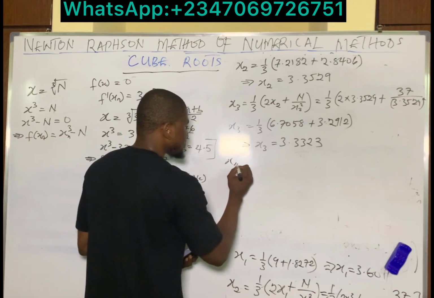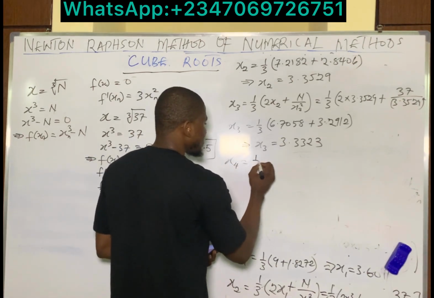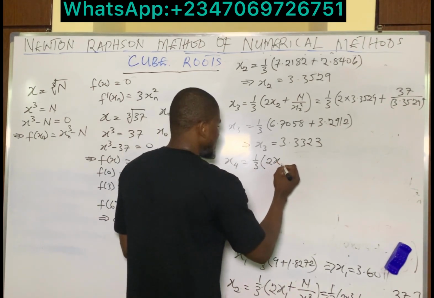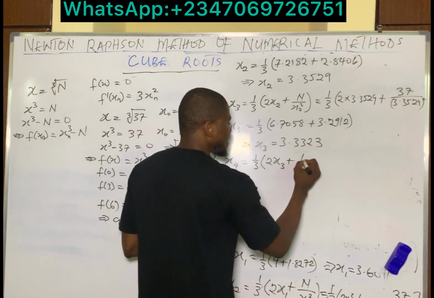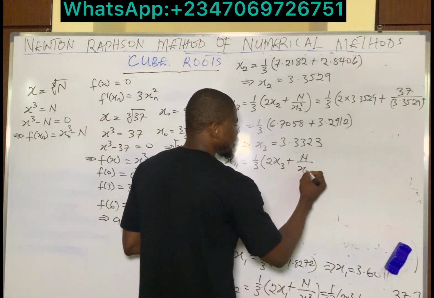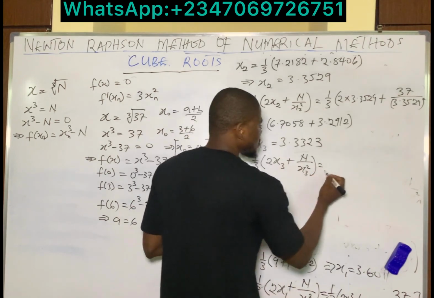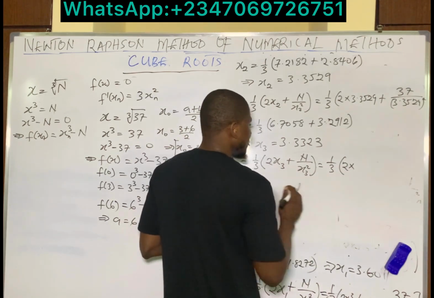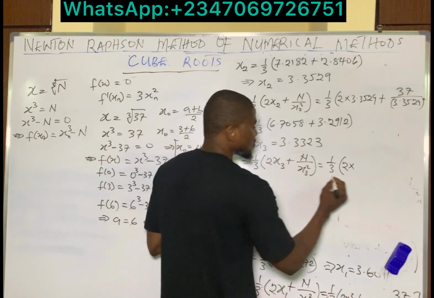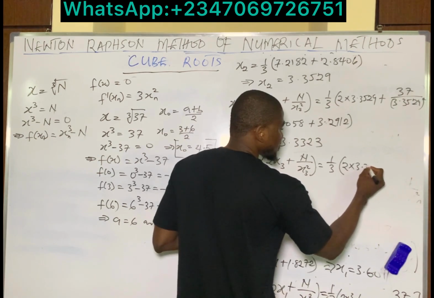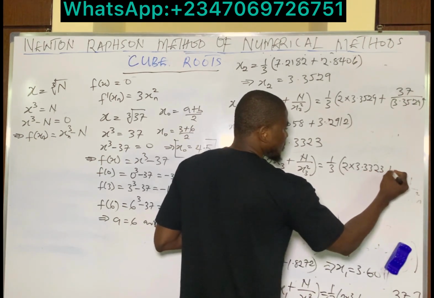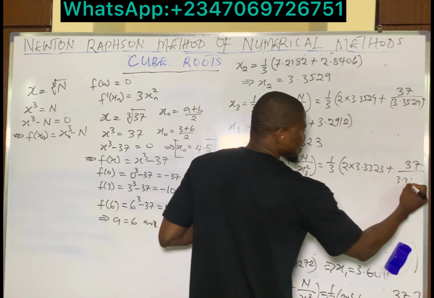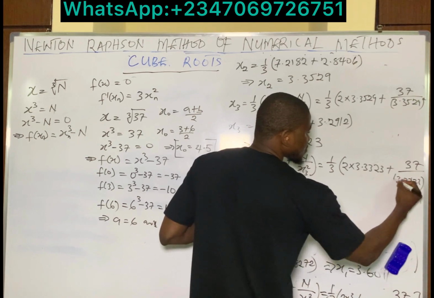Remember, the formula becomes x4 equals 1 all over 3 into 2 multiplied by x3 plus n all over x3 squared. So this is going to be equal to 1 all over 3 into 2 times x3, which is 3.3323, plus 37 all over 3.3323 all squared.